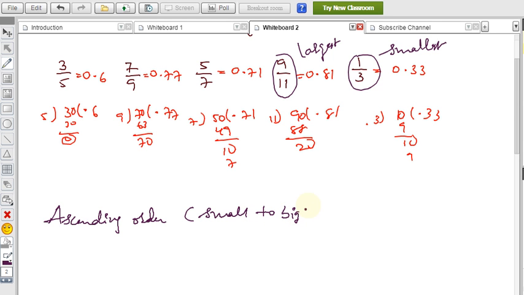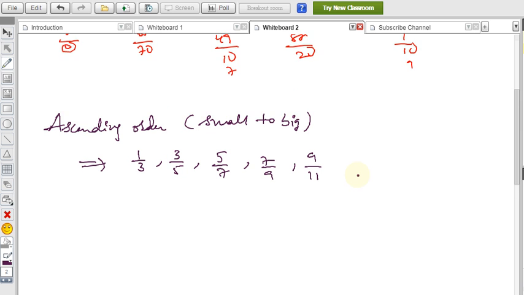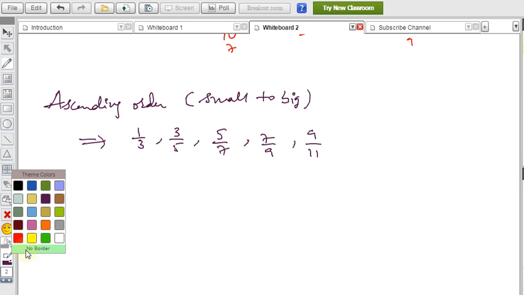Now in the same problem, in ascending order the smallest is 1 by 3, then next, small to big, 3 by 5 because 0.6, next 0.71, so 71 is smaller, then 5 by 7, 7 by 9, and the largest is 9 by 11. So this is the ascending order. Then descending order.